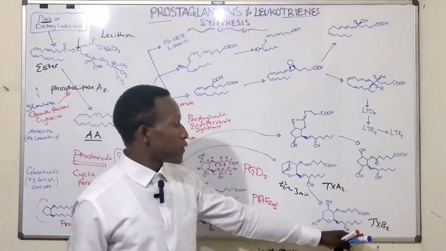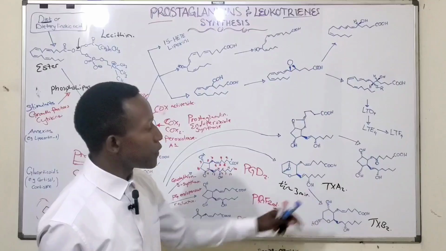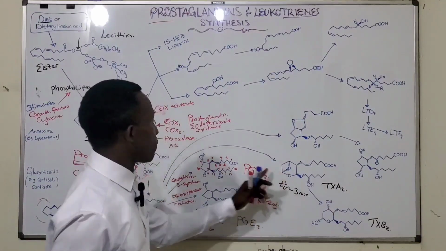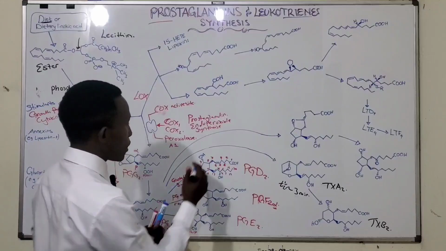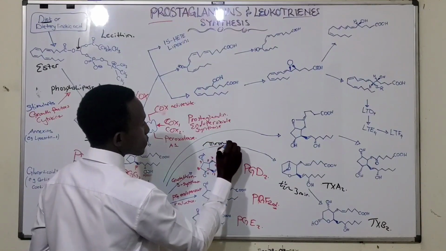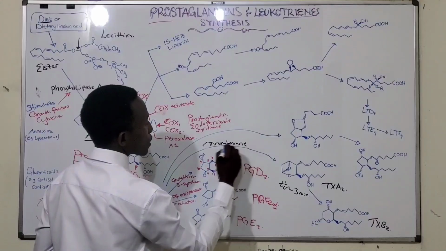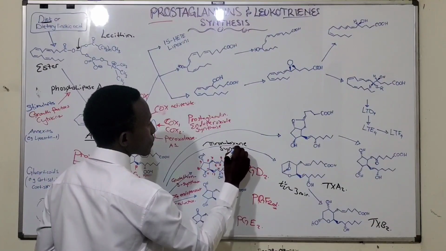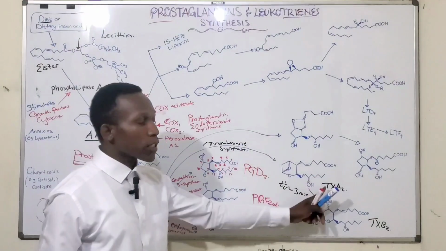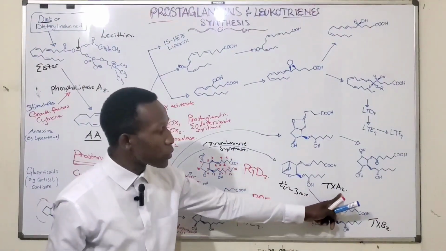This one is inactive, but this one is active. Thromboxane A2 is formed by the enzyme thromboxane synthase. Thromboxane synthase gives us thromboxane A2.